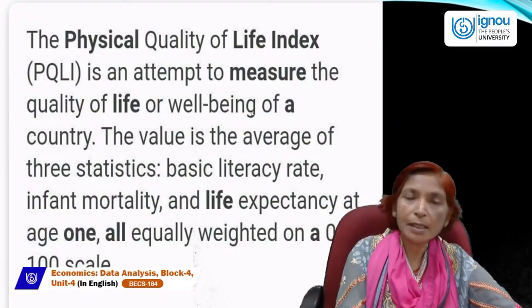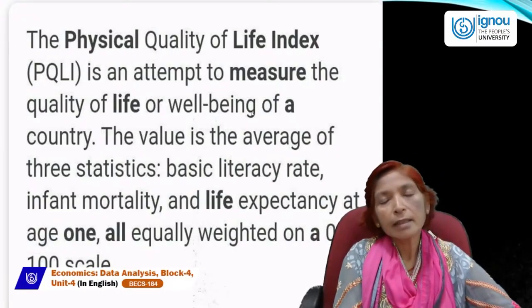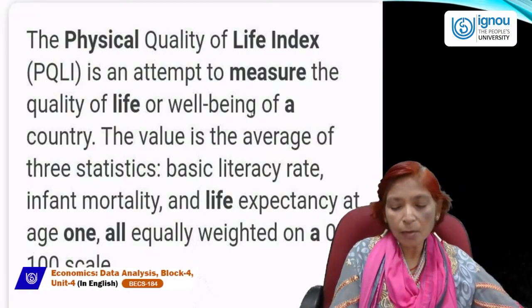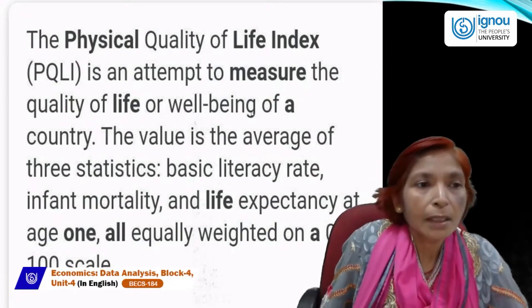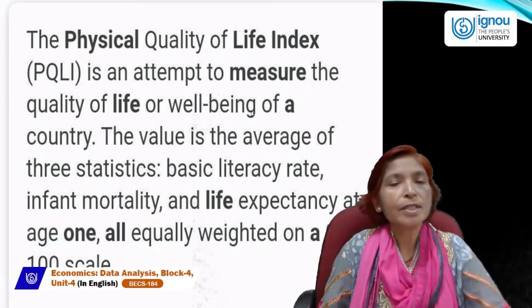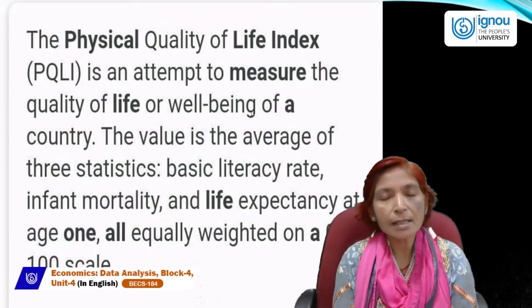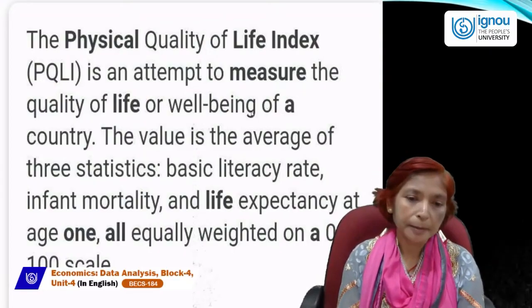One is the literacy rate, second is the infant mortality rate, and third is life expectancy. So if we are taking more than one variable, it is called a composite index. So the physical quality of life index is the first example or illustration of a composite index.